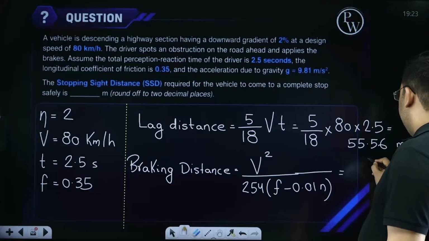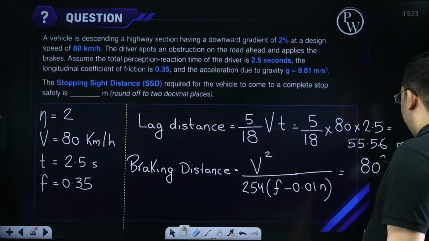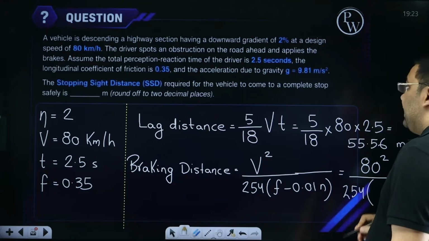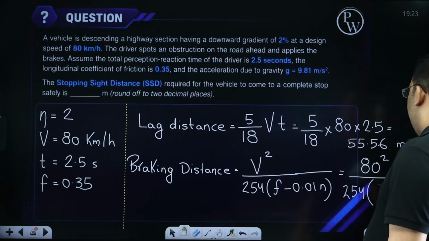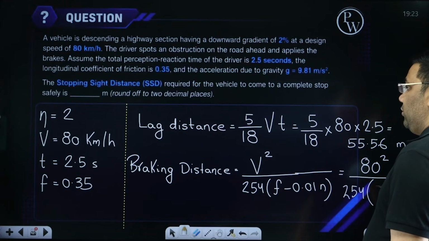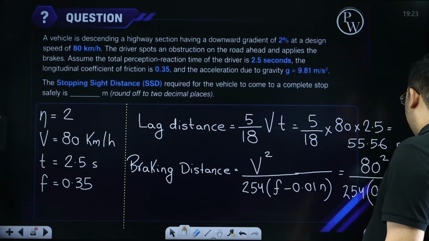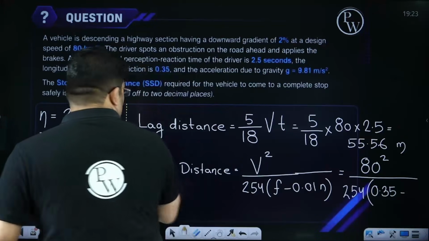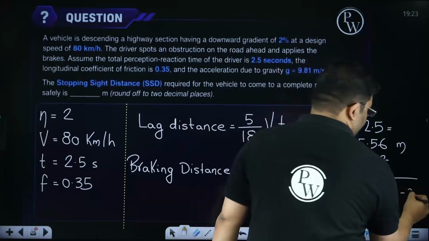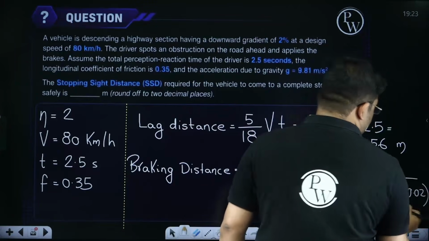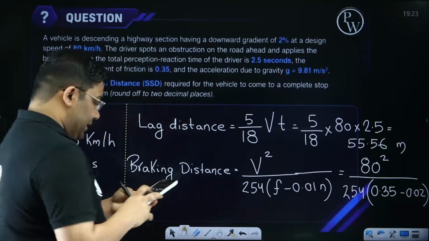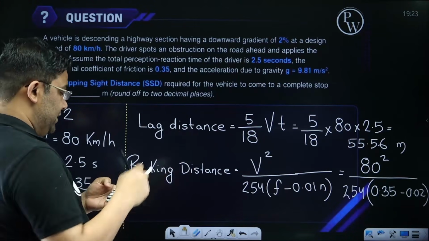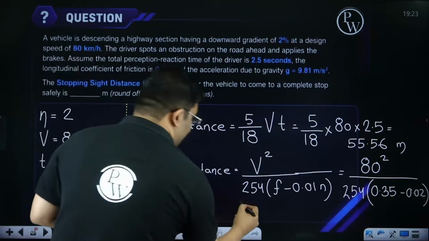V is 80, so 80 square divided by 254 into F, which is given as 0.35, minus 0.01 into 2, so 0.02. Let us see how much I am getting for 80 square divided by 254 divided by (0.35 minus 0.02).